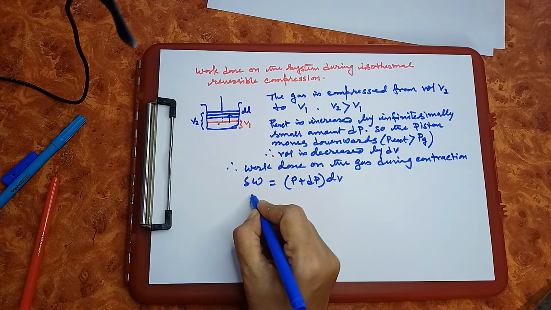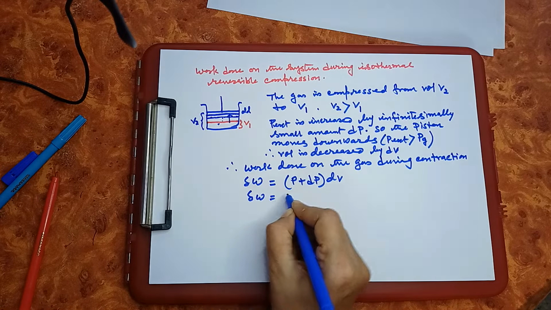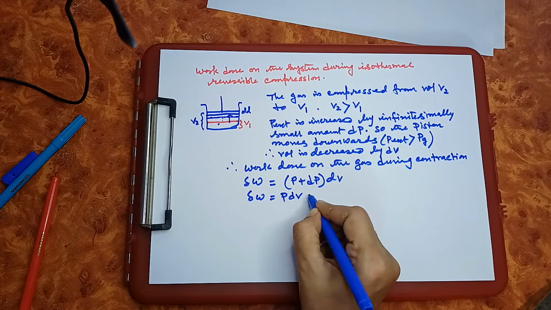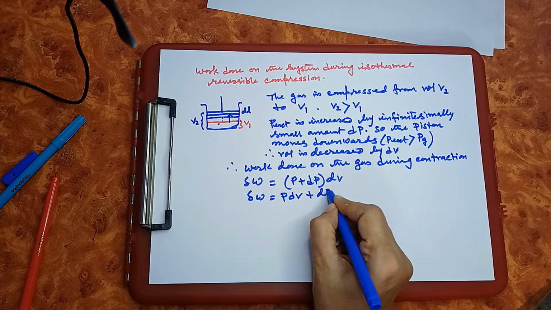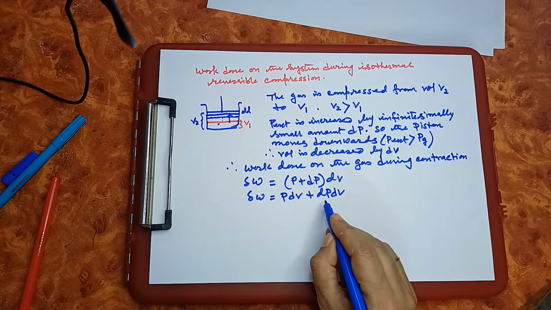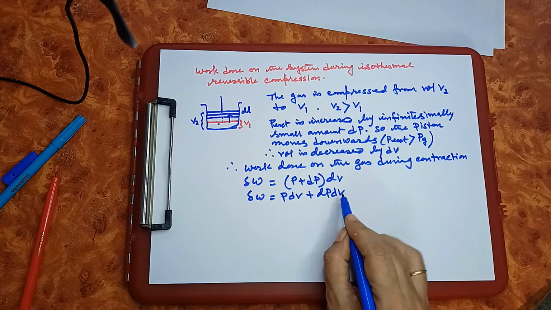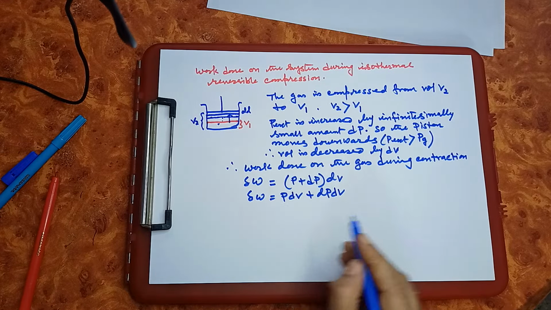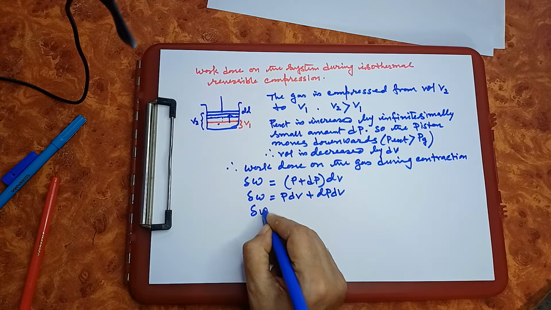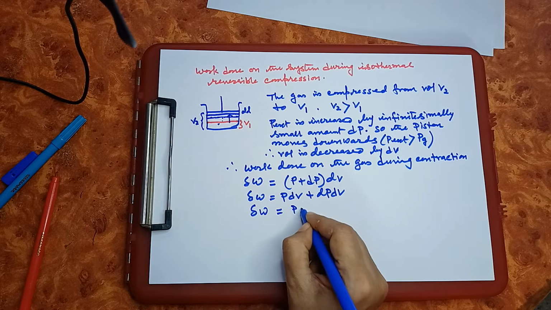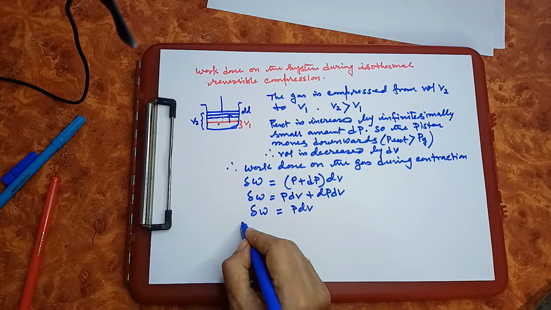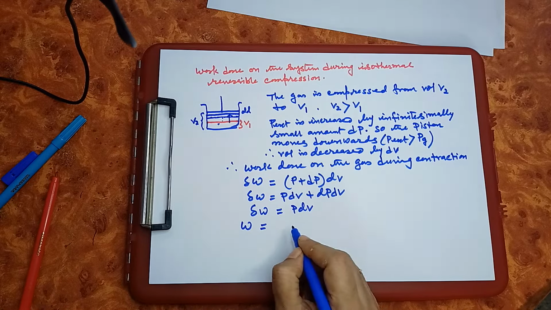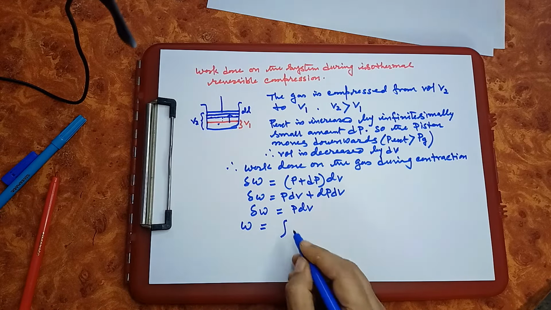Okay. So del W is equal to P dV plus dP into dV. dP is very small, dV is very small, the product will be very small. So del W is equal to P dV. Okay. So W will be equal to the integral of volume.